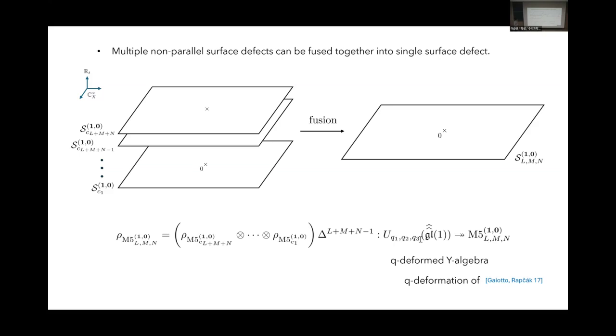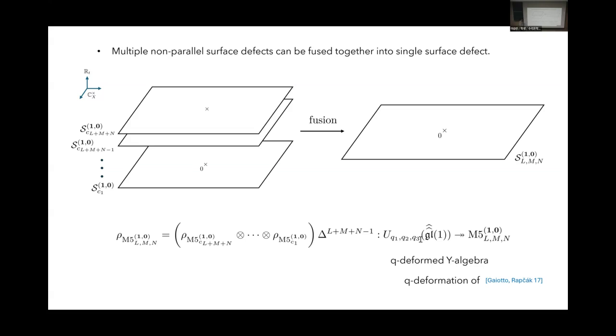You can, just as in the line defect case, do the general orientations of the M5 branes. So all I change in this slide is that the orientation of the M5 branes now are denoted by C1, C2 up to C L plus M plus N. As a result, you engineer the surface defect as LMN.